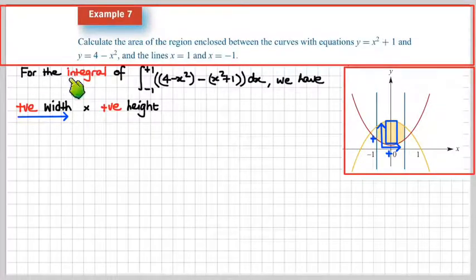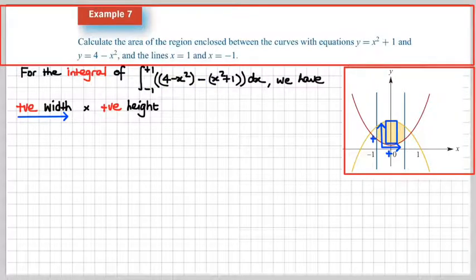So the integral: I did the upper one, which was 4 minus x squared, minus the lower one, which was x squared plus 1, integrated with respect to x from the lower value of x up to the upper value of x, ensuring that I'm going in a positive width sense, positive height sense here.